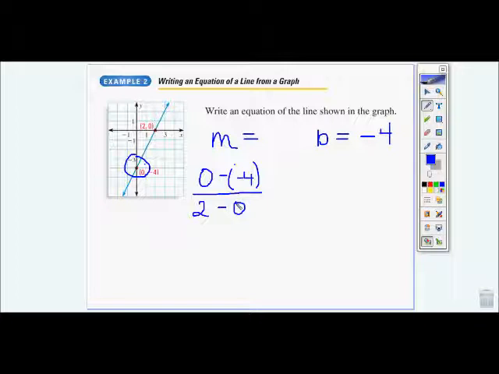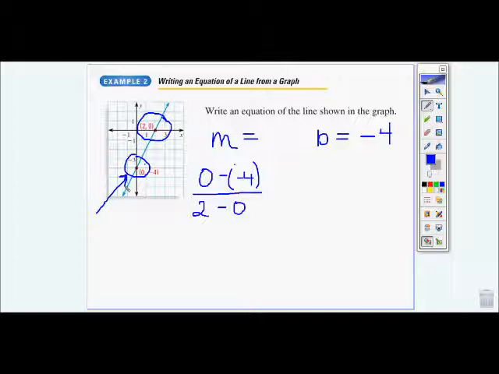Now when you're looking at a graph, it does not matter which point you use for your y2 and your y1, as long as you use the same order for your x2 and your x1. So I used this point up here as my second point, and the other point right here as my first point.